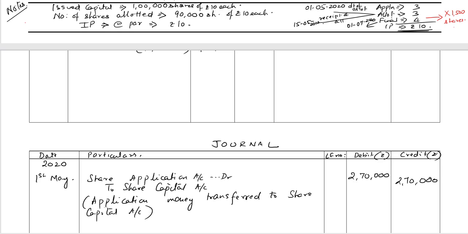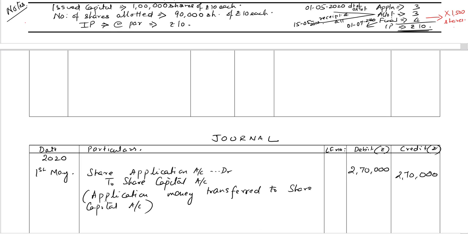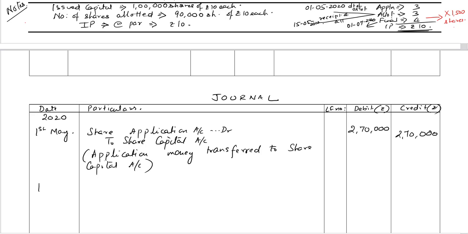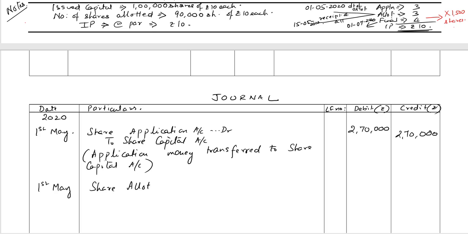Next entry is to make the allotment money due. Same date, 1st May 2020, share allotment account debit to share capital account.